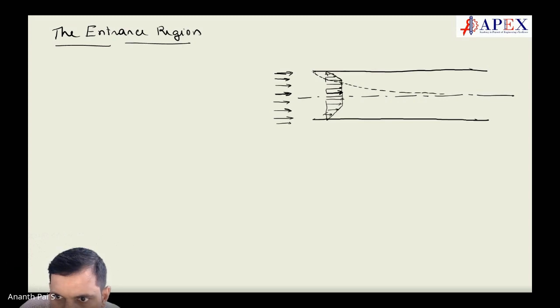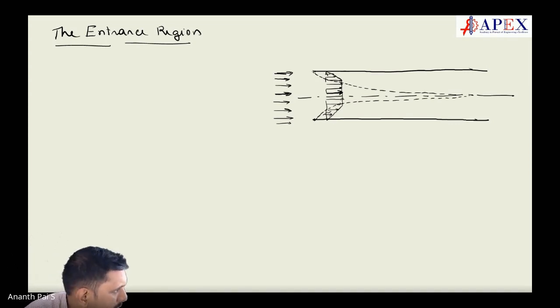And this would be the way the boundary layer develops. Is it not? And this length which is there here is much higher.